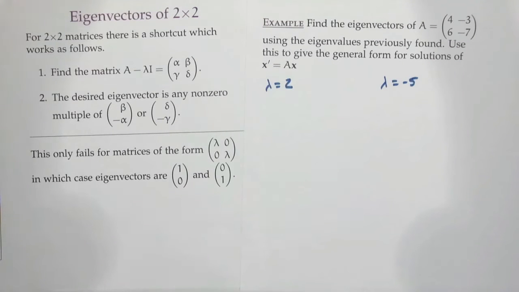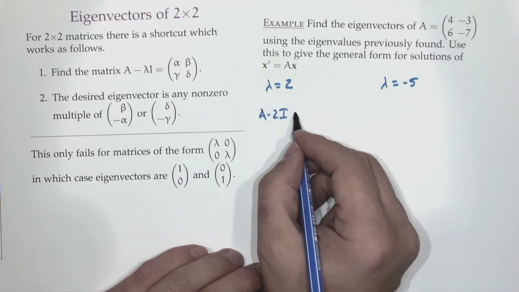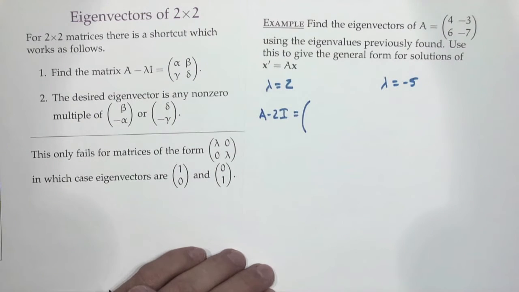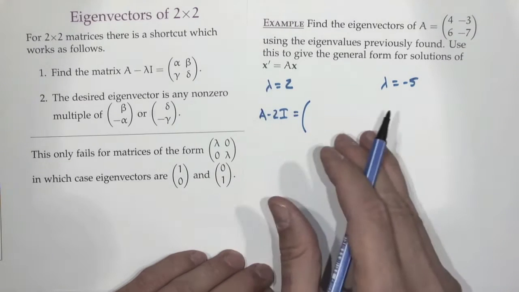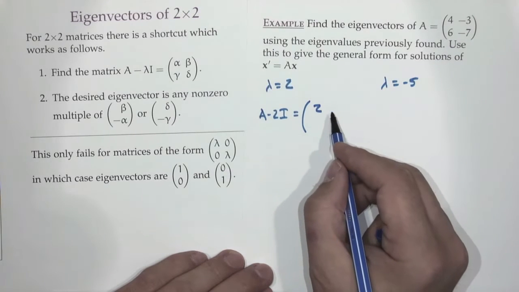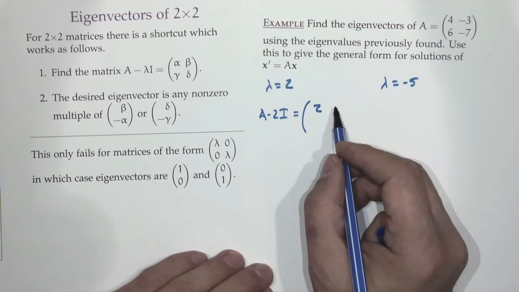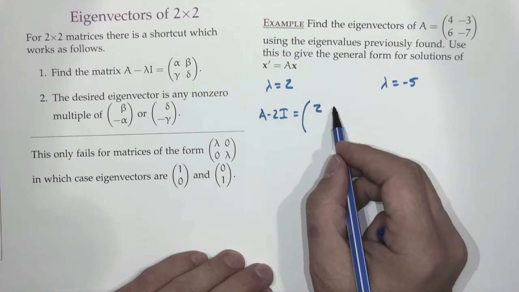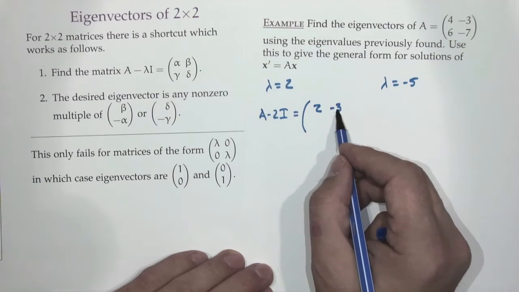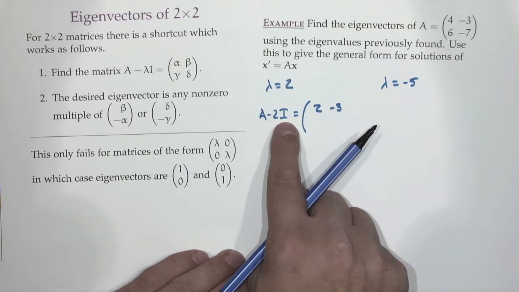So let's start with 2. I'm going to look at the matrix A minus 2I. What does that matrix look like? What are the entries? 2, negative 3, because the only thing that changes is the diagonals, because 2I only has entries on the diagonals.